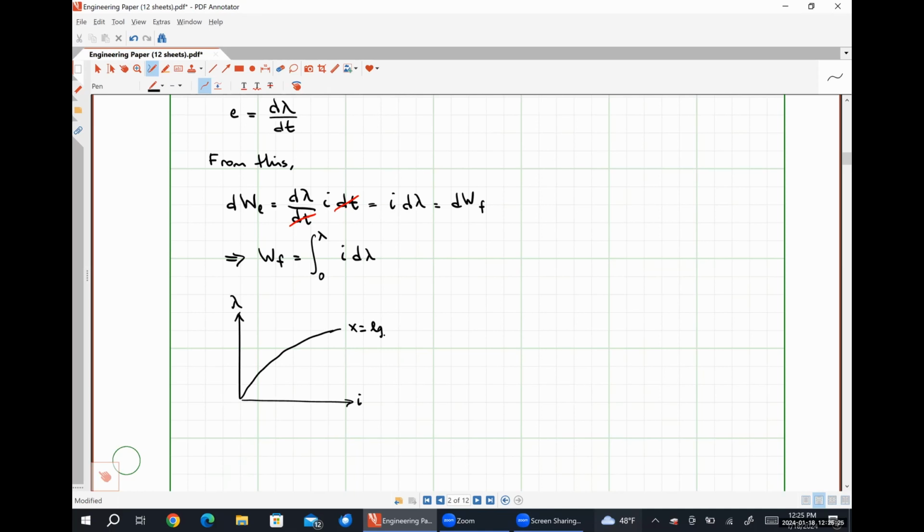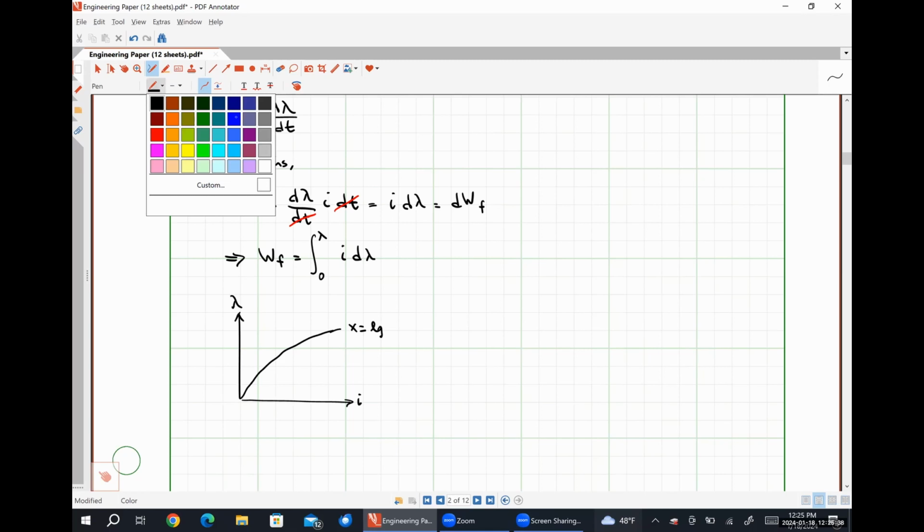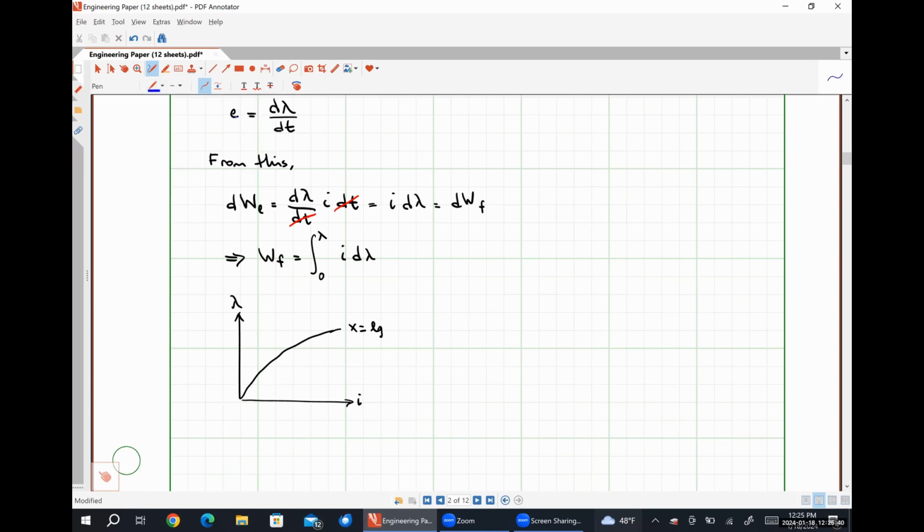That's the relationship between the magnetic flux density B and the magnetic field strength H. I'm going to draw that graph over here in blue, with B on this axis and H on this axis.